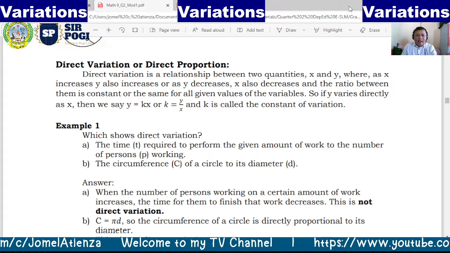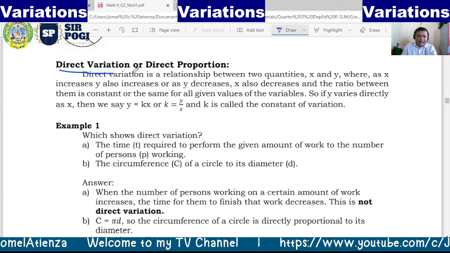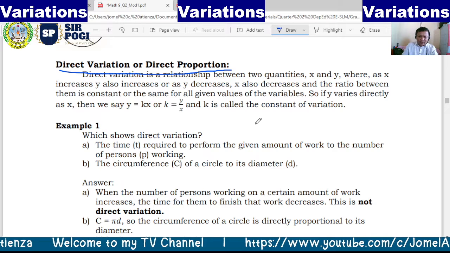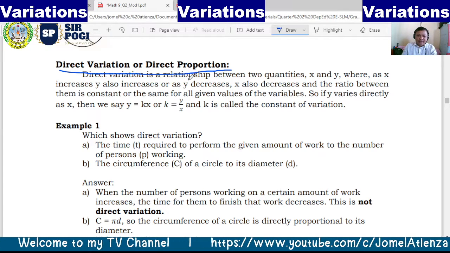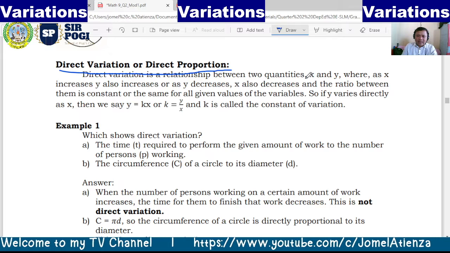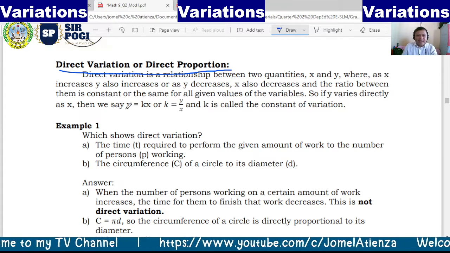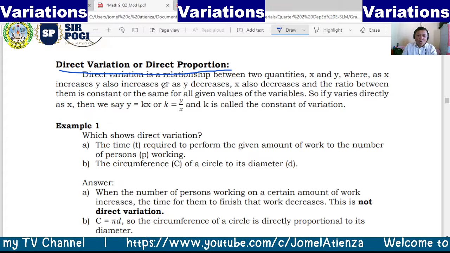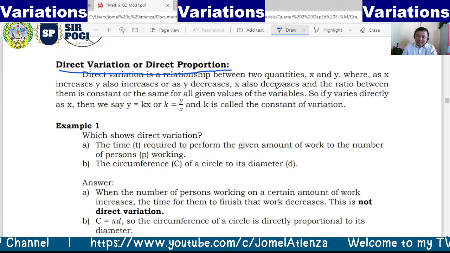So, ano nga ba yung tinatawag nating direct variation or direct proportion? When we say direct variation, it is a relationship between two quantities x and y, where as x increases, y also increases, or as y decreases, x also decreases.